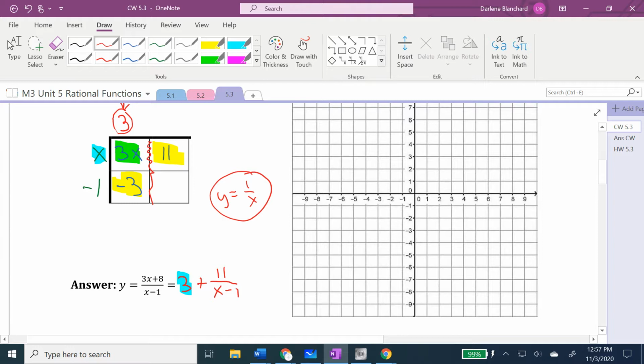By doing the division and changing the format of the way this is written, what you can look at is this remainder of 11 is actually going to cause the 1 over x graph to be multiplied by 11. So that's the first change.